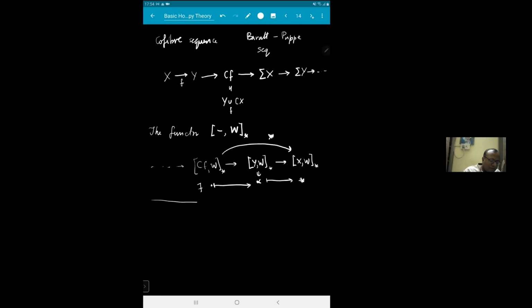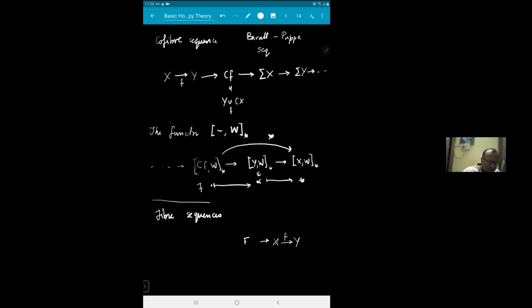And analogously for fibrations, you have fiber sequences. I will just say this and stop. Fiber sequences are entirely analogous. You can start from x, y, f, and then you do the E of f construction. And remember, E of f is homotopic to x, and then you take the fiber.